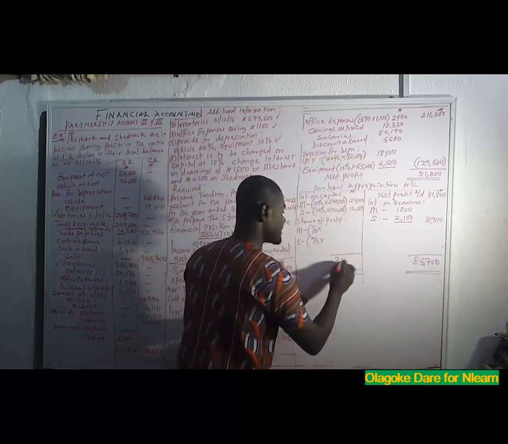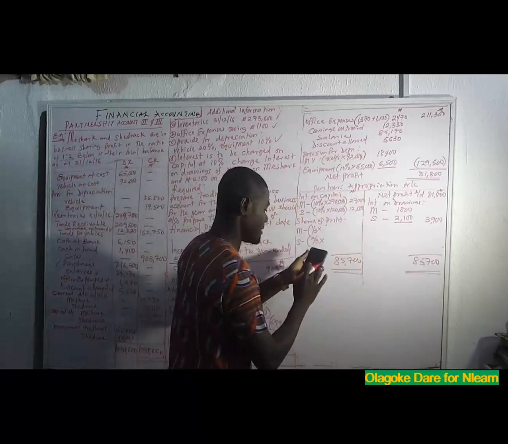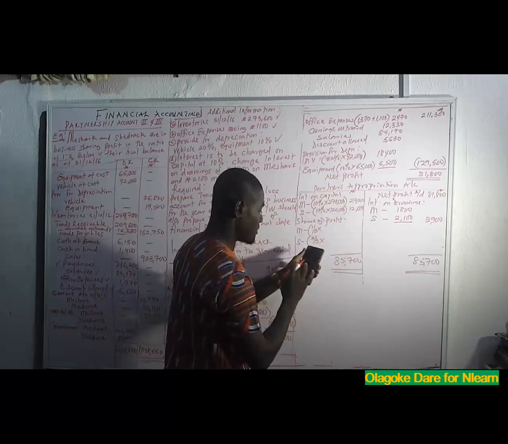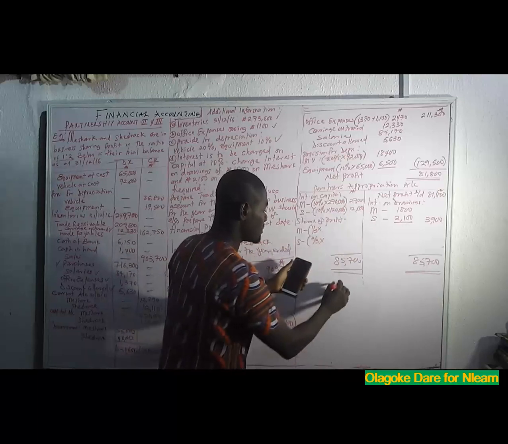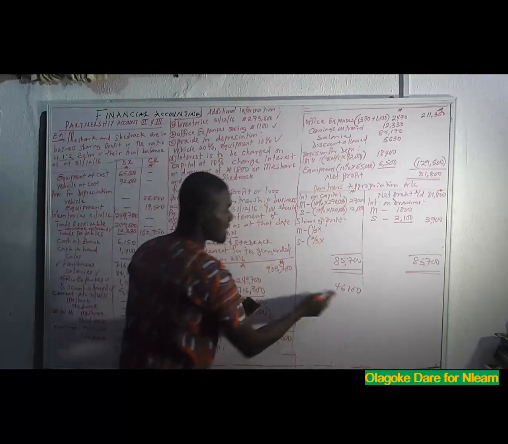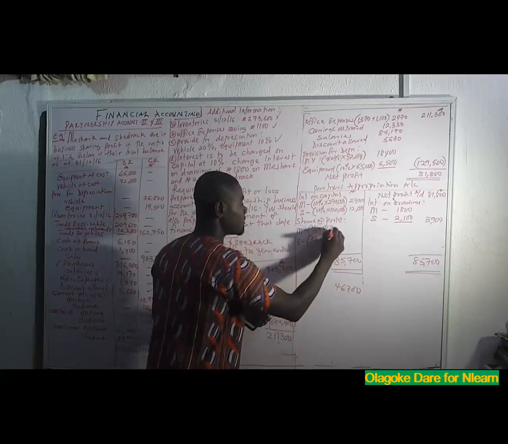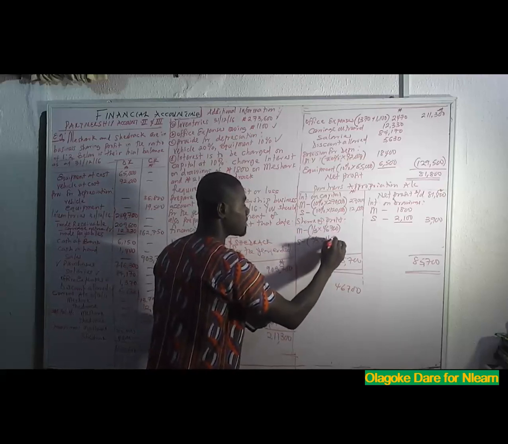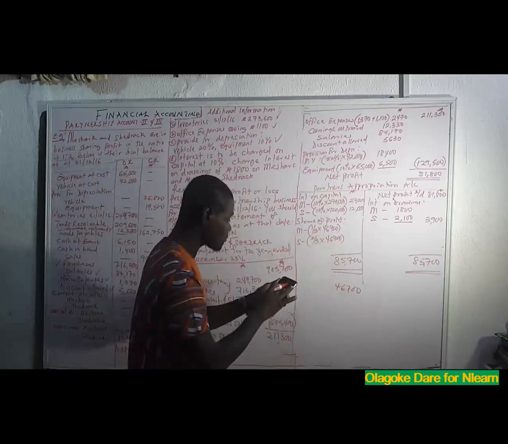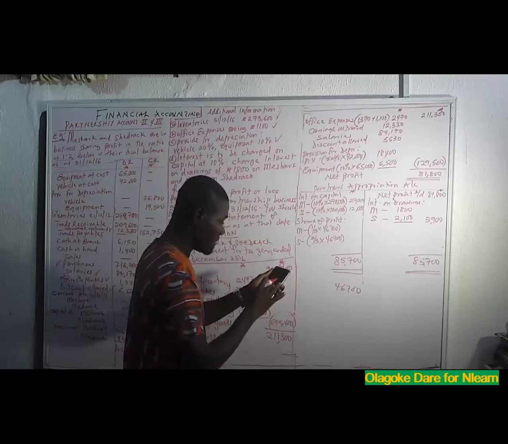Let me remove 27,000 and 12,000 from it. The balance is 46,700. This is what I'm sharing. So let me see what belongs to Meshach: 1 divided by 3 multiplied by the balance available.